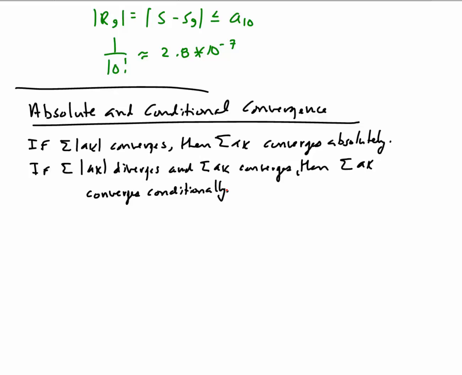Okay, so if a series converges, I check its absolute value, and if the absolute value converges, then the original series converges absolutely. If the absolute value diverges, then it converges conditionally.